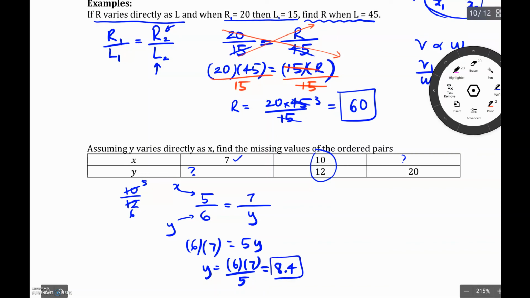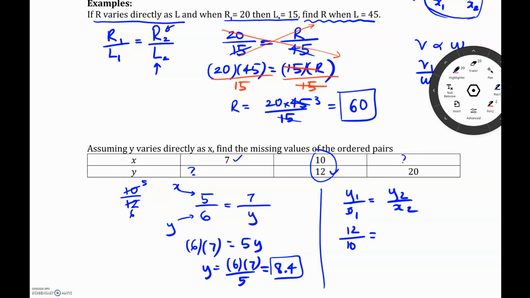Now let's do this with the y on top. Let's not reduce, just for variety. So we know that y1 over x1 equals y2 over x2. Let's do it this way. So the y1 value is your 12 over 10, and your y2 value now is 20, and the x value is what you don't know.